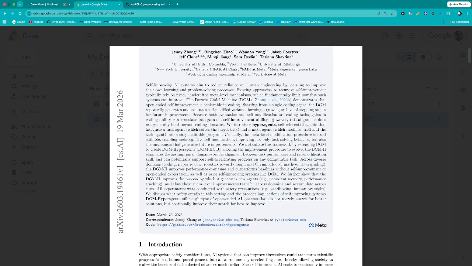So this is, again, where we have this assumption that task performance is sort of a proxy for self-modification. And we can assume that if you're doing better on the task, that self-modification has been successful. And so this can potentially support self-accelerating processes on any computable task.